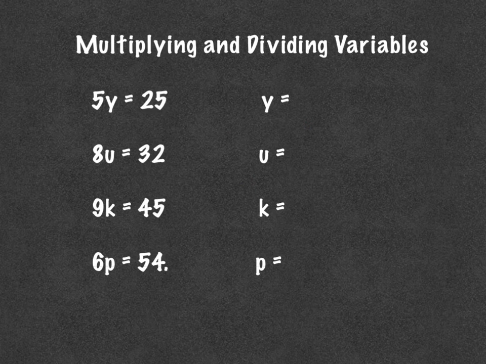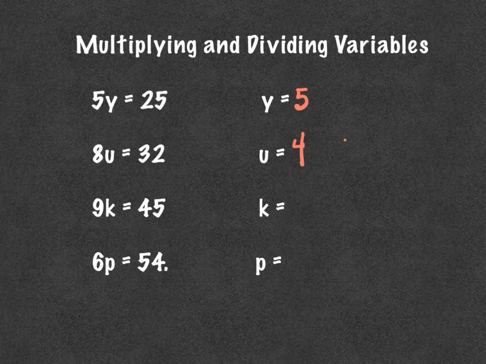All right, let's try a couple more. 5y equals 25. 5 times what would be 25? 5 times 5, so y equals 5. 8u equals 32. U in this case is going to be 4, because 8 times 4 is 32.